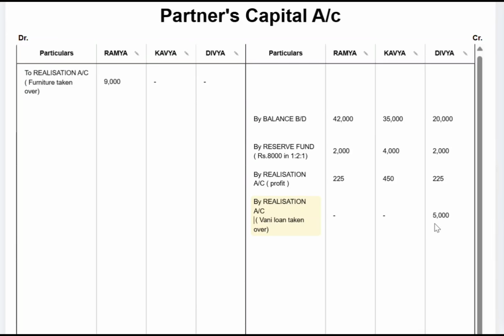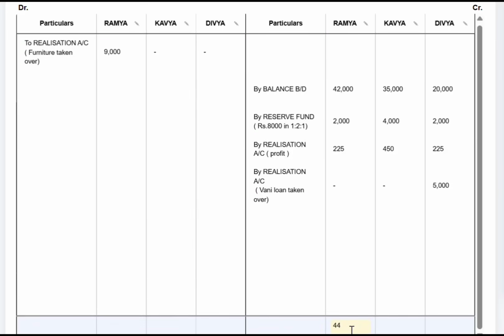Now once all these entries are done, we have to find the balancing figure. So get the totals. We have to find out the total of all the partners. So it will be 44,225 for Ramya. Write on both the sides 44,225, and for Kavya it is 39,450 on both the sides, and for Divya the total will be 27,225.